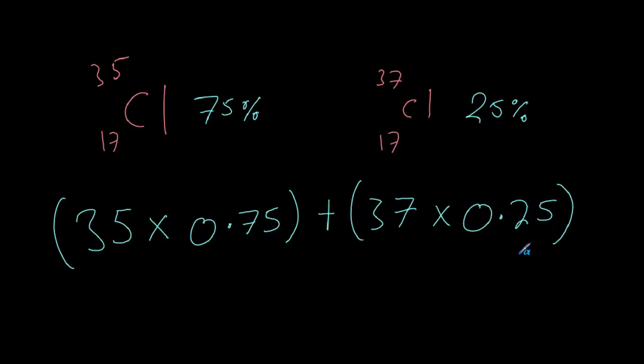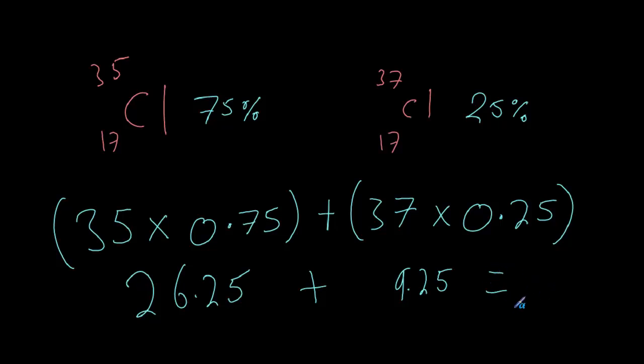Okay? Now if you work those out in your calculator, you are going to get an answer of 26.25 for the chlorine 35, and that is going to be added to 9.25 for chlorine 37. And that will give you a total answer of 35.5 as your relative atomic mass of chlorine.